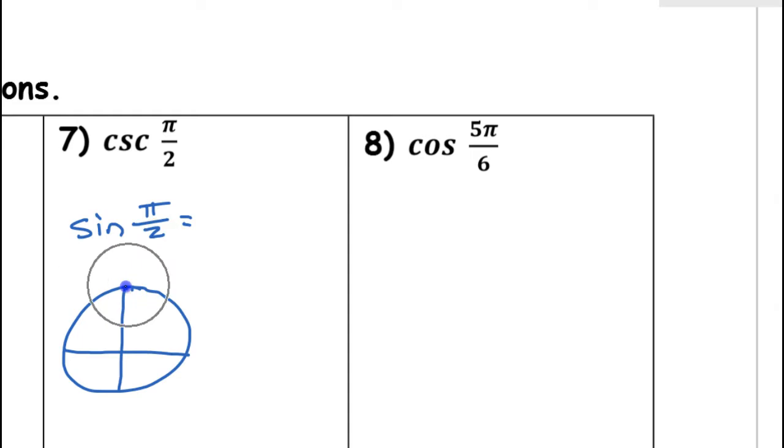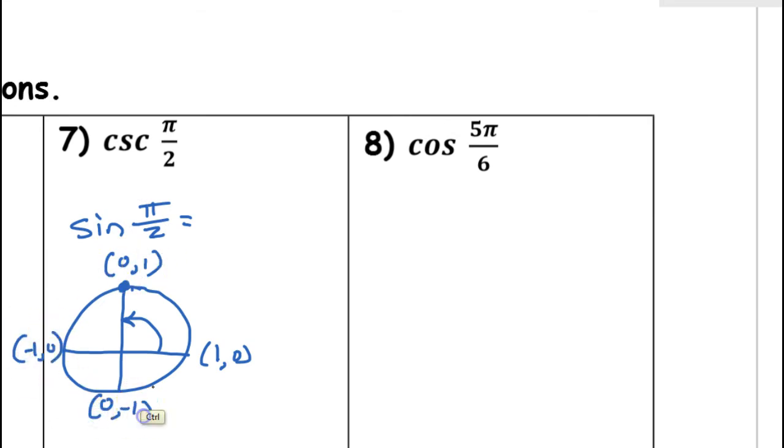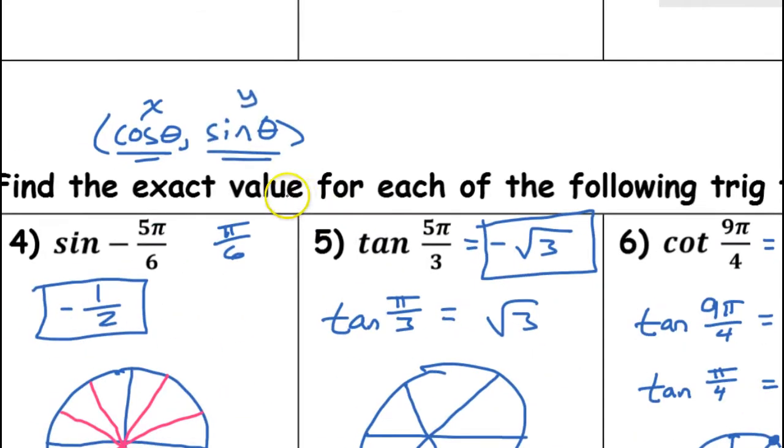So pi over 2, bam, is right here. That's pi over 2. Now the coordinates of these points on the quadrantal angles are 1, 0, and this is 0, 1, negative 1, 0, and 0, negative 1. Now remember what I told you before.